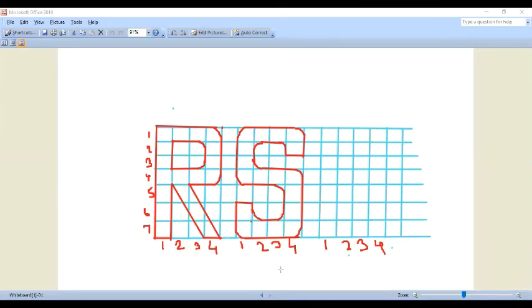Then Y. So for Y you have to draw the X first. Okay. So you just draw the X. Similar to K. In K we start from the gap, but for X we don't require this, from the 1 number of block to the 4 number of block.